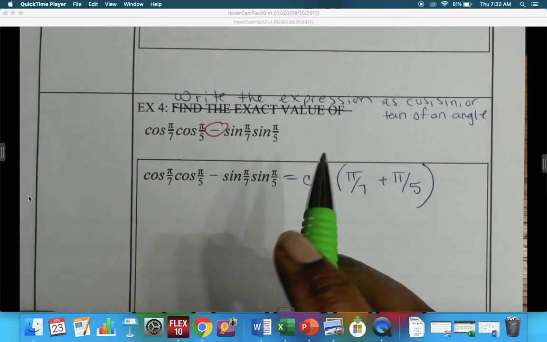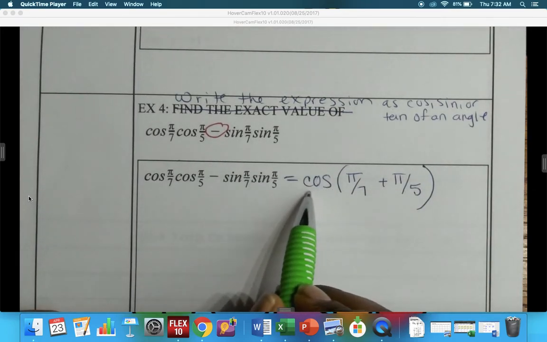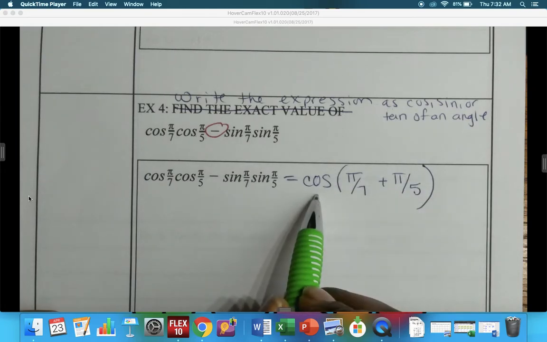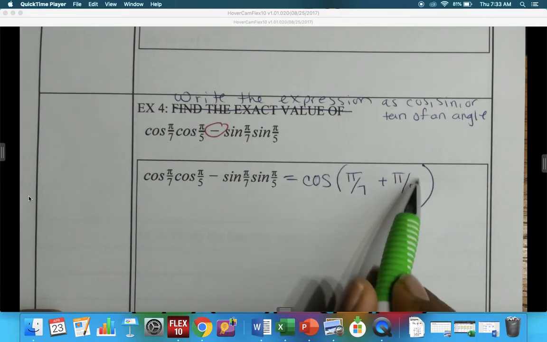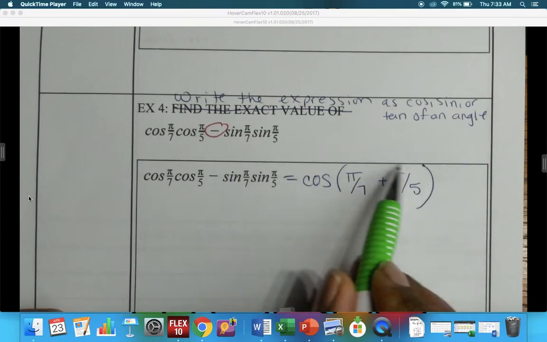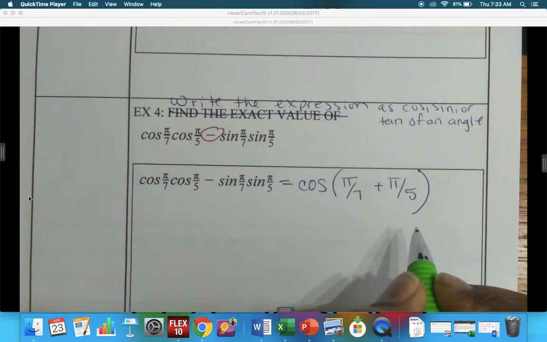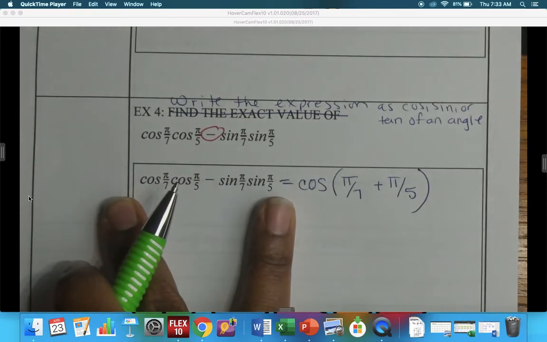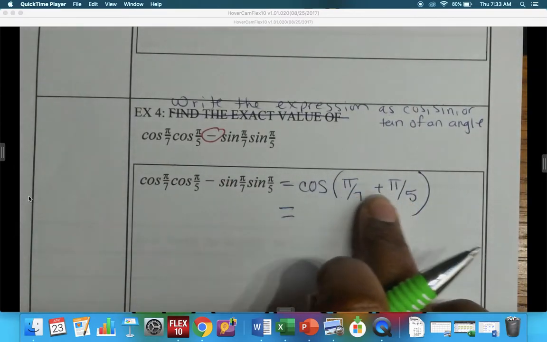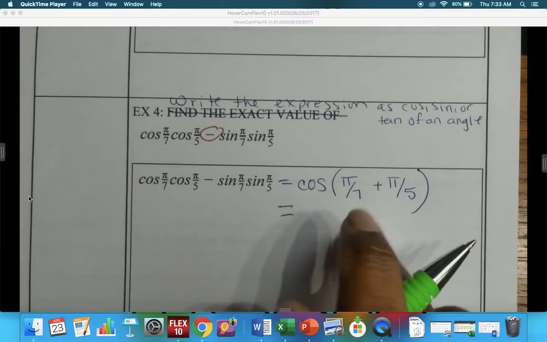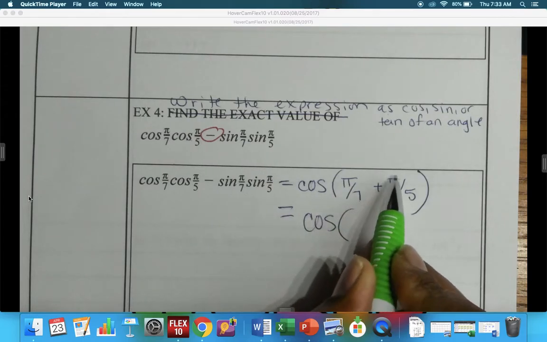Okay, our inclination is just to try to distribute whenever we see parentheses, but we have to remember cosine is not a number to be distributed through. It's an actual operation. So we're trying to find the cosine of these two angles added together, right? Order of operations says parentheses first, then evaluate. So we're not able to just distribute a cosine through. So it actually expands to all this or condenses back to this. And again, I don't have cosine of one angle here. There's two, so I need to combine these together. So it's really going to be cosine of pi over 7 plus pi over 5.